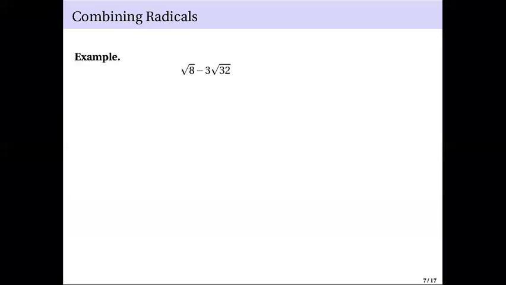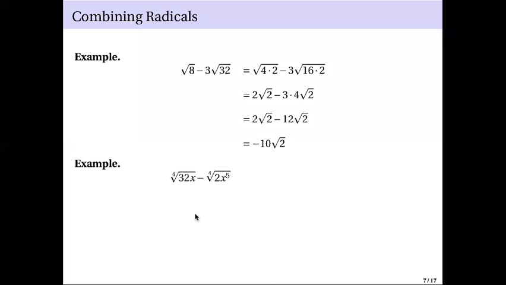So for example, in here, we have the square root of 8 minus 3 square root of 32. And then we have the fourth root of 32x minus the fourth root of 2x to the 5.